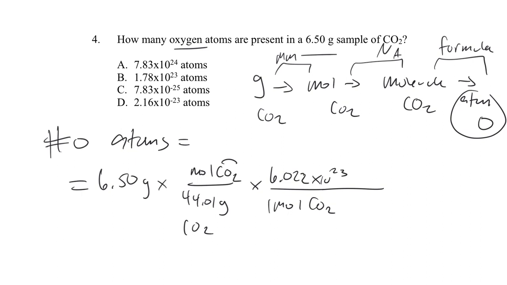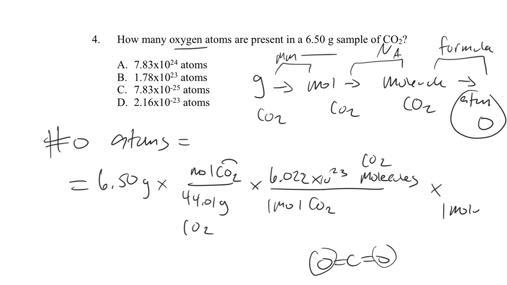CO2 is a molecular compound, so we get an Avogadro's number of CO2 molecules. You don't have to know the bonding nature between C and O, but there are 2 O atoms connected to 1 C atom, that's 1 molecule of CO2. So 1 molecule of CO2 contains 2 O atoms.